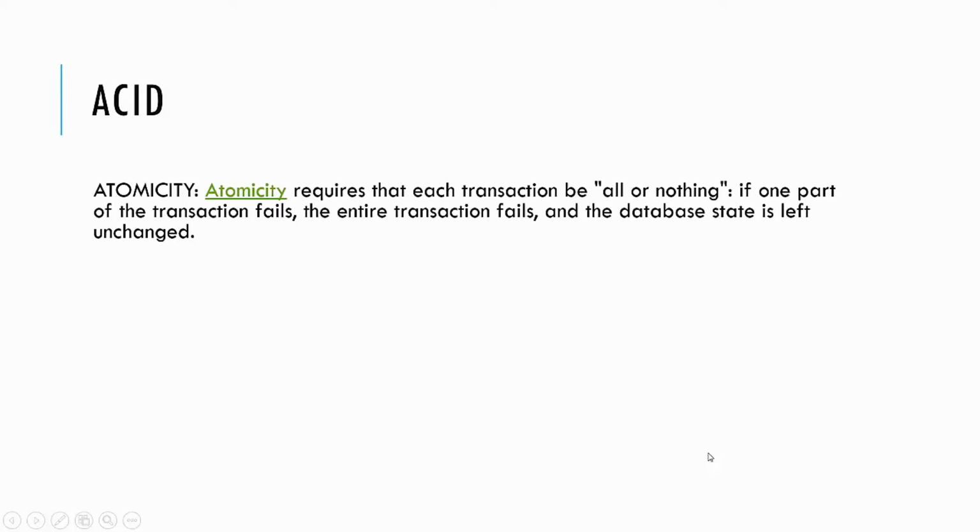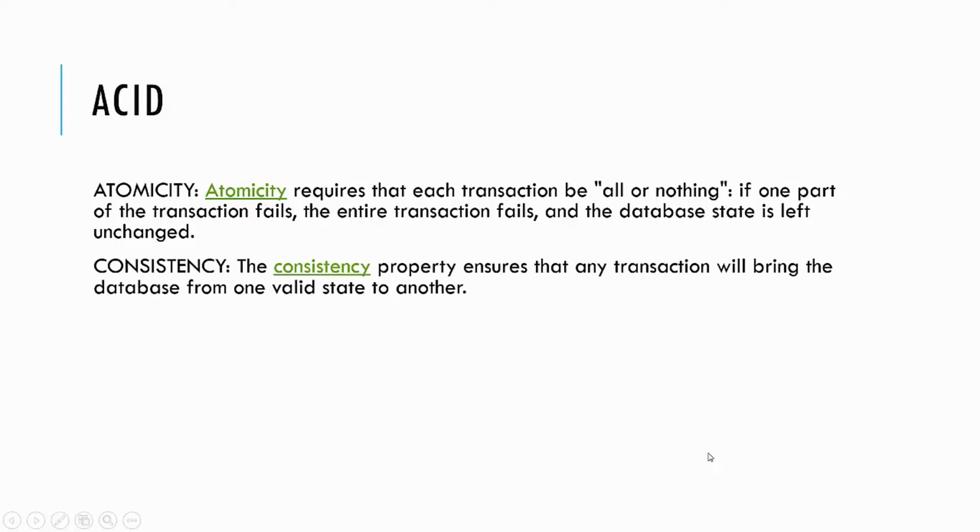A stands for atomicity. It's basically saying that whatever transactions you write should be all or nothing, right? Meaning the transaction should be completely successful, or if there is an error, you start rolling it back. So that is what the atomicity property in the ACID properties tells us. The next one is consistency. Consistency says that any transaction will bring the database from one valid state to another.